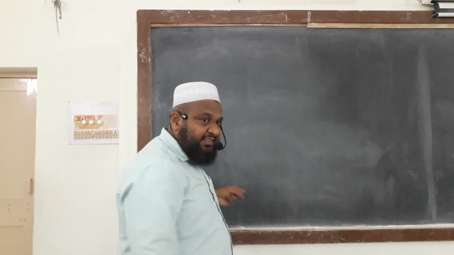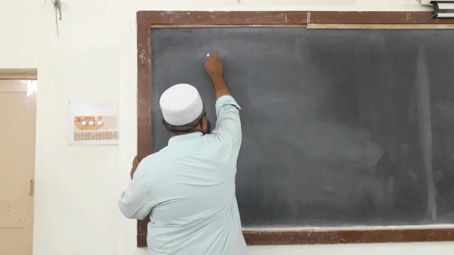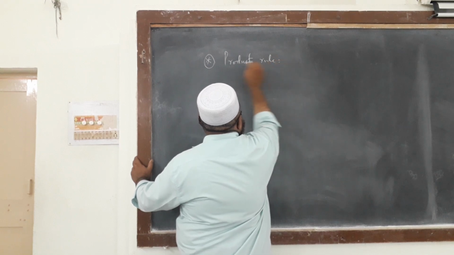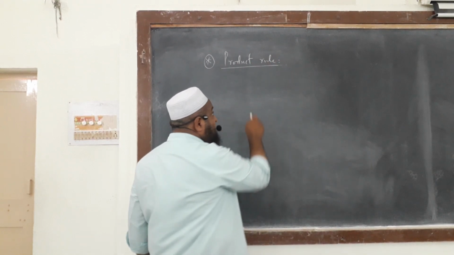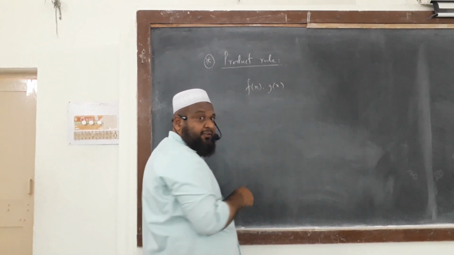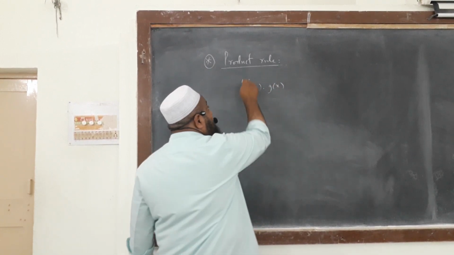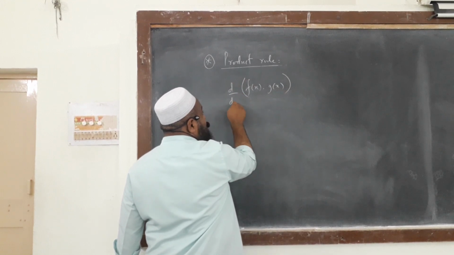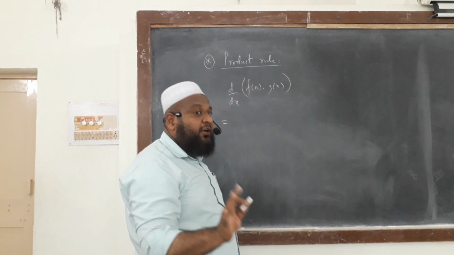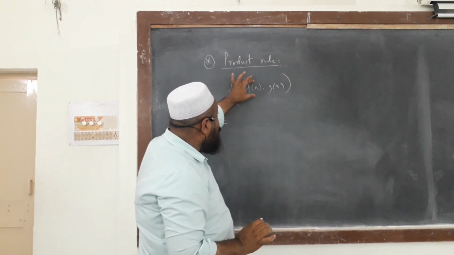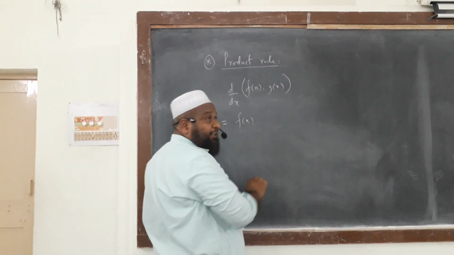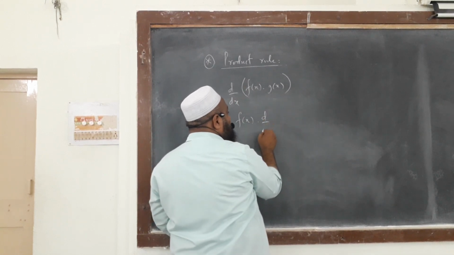Now let us see the next rule for differentiation, that is the product rule. Suppose I have 2 functions, f of x and g of x, appearing in the form of a product. Then d by dx of this is equal to, why that rule has come I am not explaining, I am just stating the rule. Take the function f of x as it is and differentiate the second function.